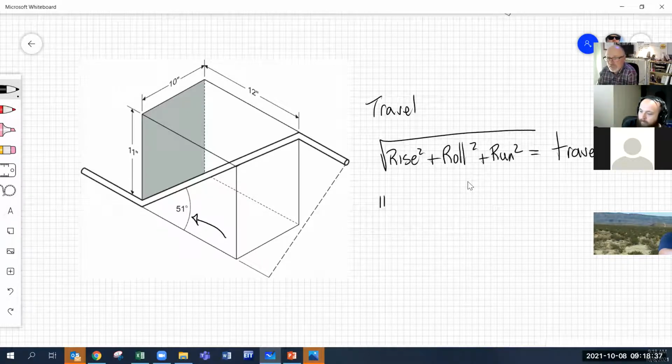So simply 11 squared plus 10 squared plus 12 squared. And we square root all of that.